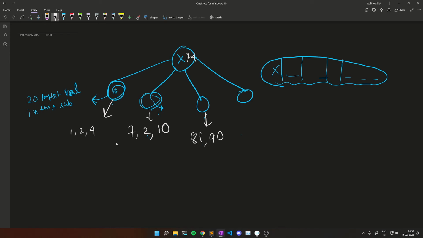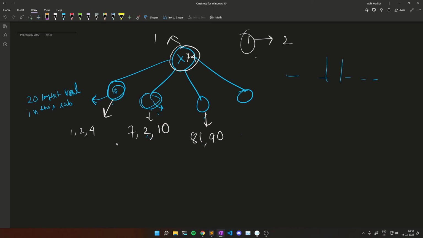Now when we are at this vertex, let's say this is the first vertex, and 74 is written in that vertex. So if we are asked to give the second largest value in vertex 1, also the fifth largest value in vertex 1, then we have to answer all these queries in order of one time.